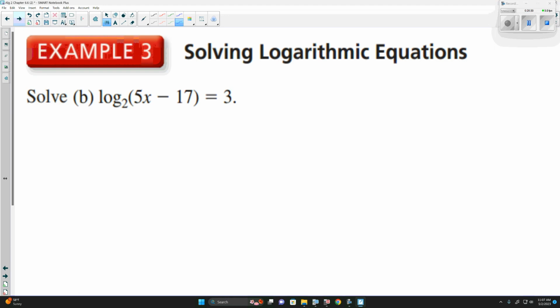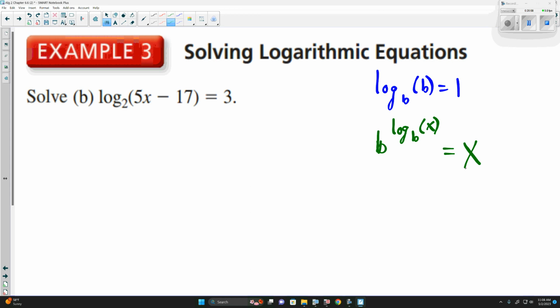This brings us to the last type of problem that we're going to look at today. Just like we started off the lesson with log base b of b is 1, we have another one from the inverse properties: b to the log base b of x is equal to x.